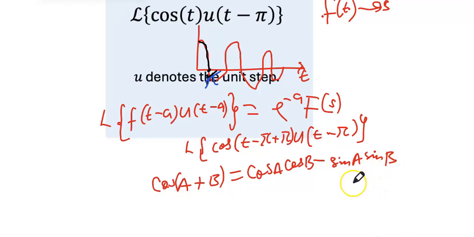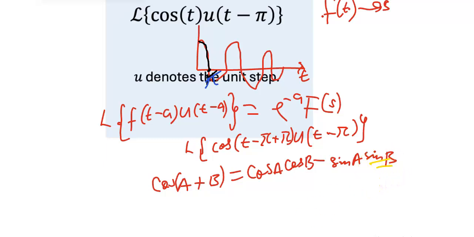So this is what you have. So if I try to put what I have in terms of cosine of a, cosine of b, what is sine of b?